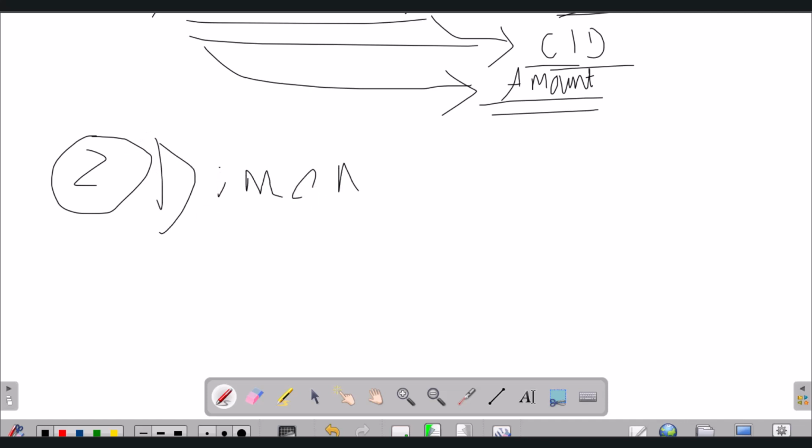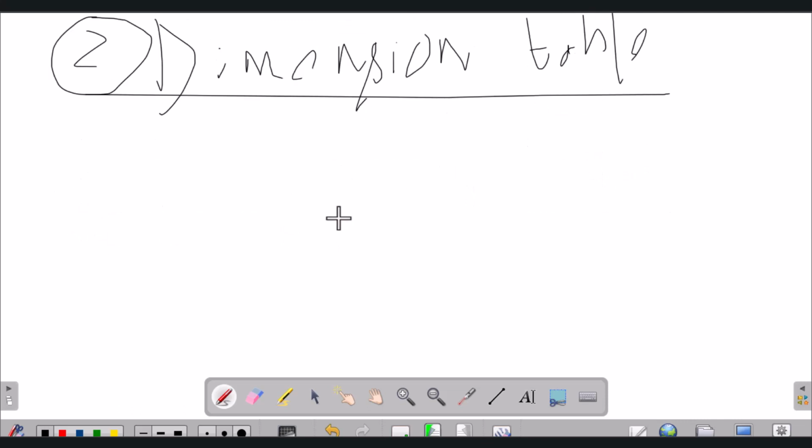So let's try to understand that. What is the dimension table all about? A dimension table holds the descriptive data.